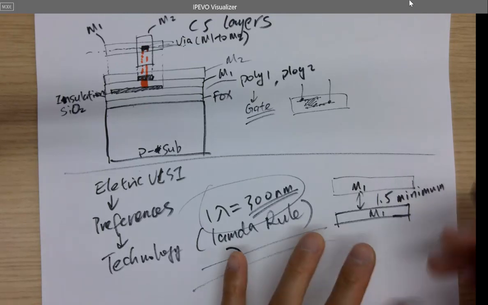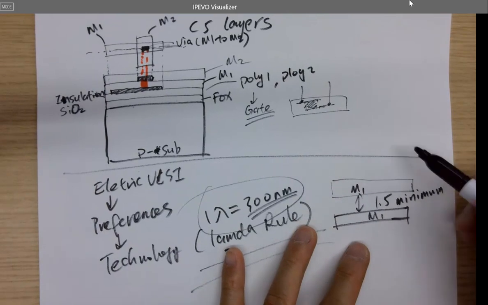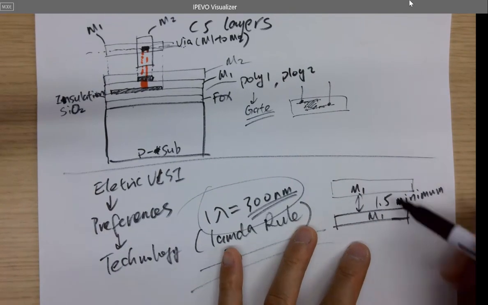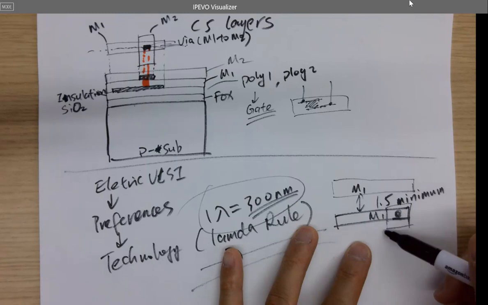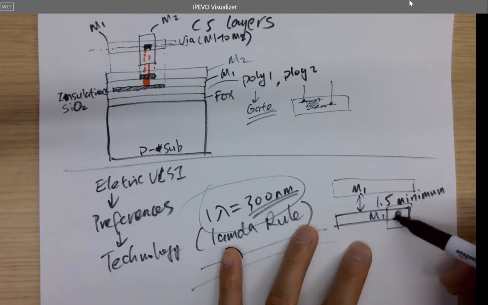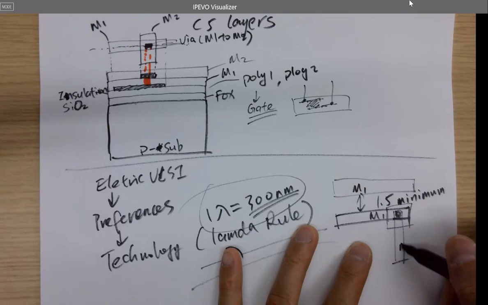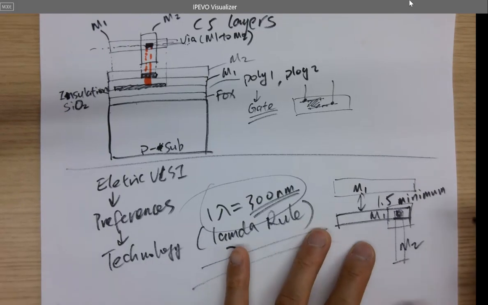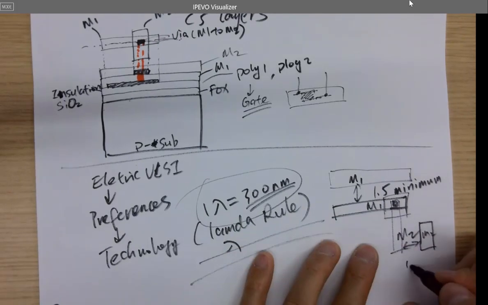And not just for metal 1, but also for the vias. If you have a via here, that's a node, and here's a via, and you connect a metal 2 trace, and then you want to draw another metal 2 trace over here, the distance between the metal 2 traces is also 1.5.